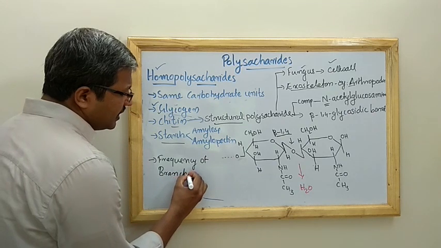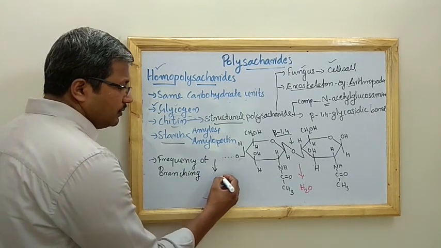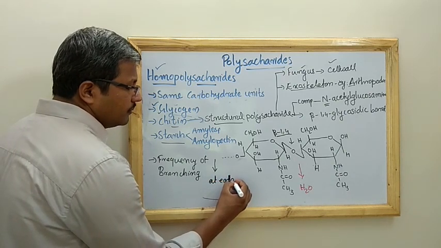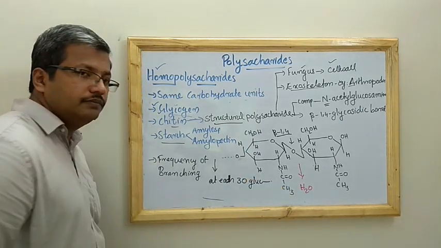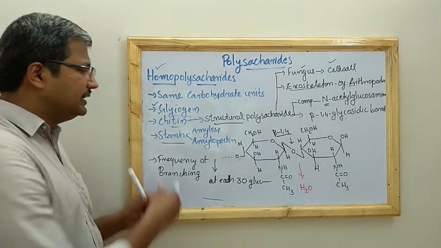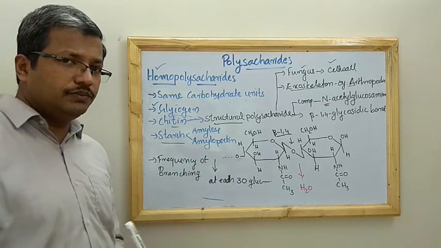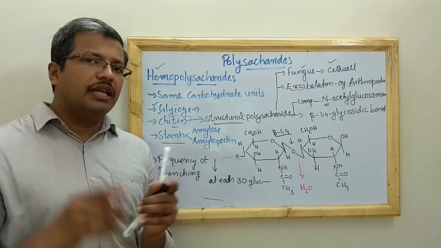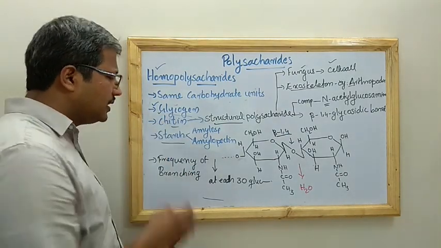Frequency of branching in case of the starch is comparatively lesser, and it will be at each 30 glucose unit. You can find branches in starch, amylopectin, at 30 glucose unit. In case of the glycogen, it was 8 to 10 glucose unit. That is the only difference between starch and the glycogen.